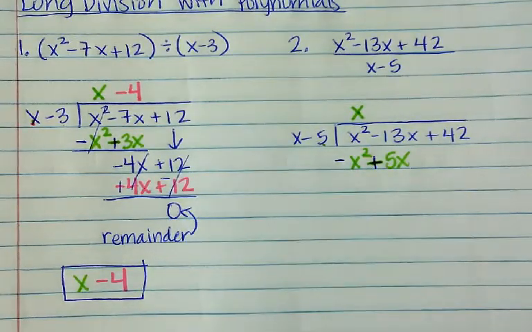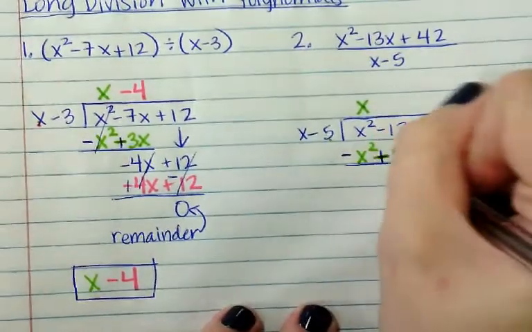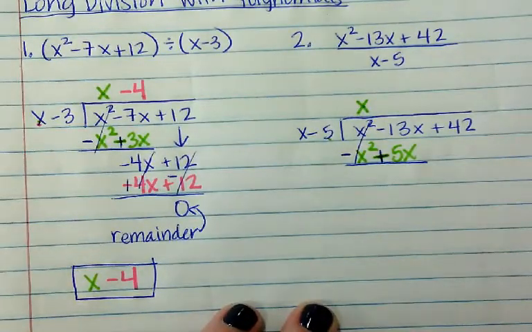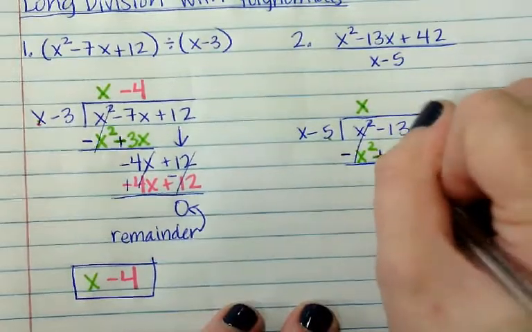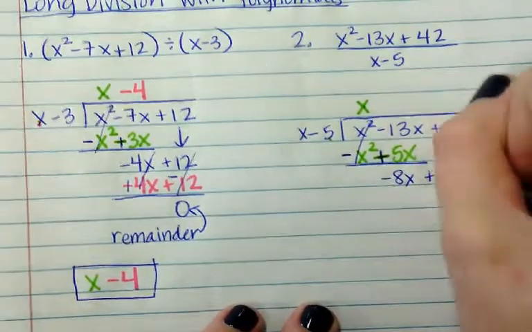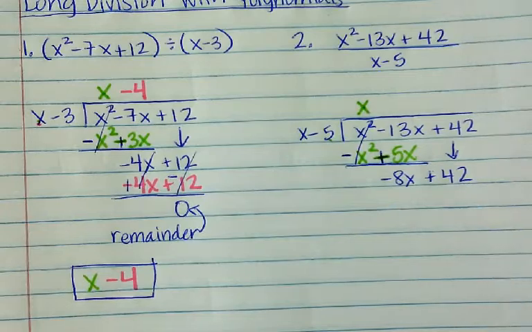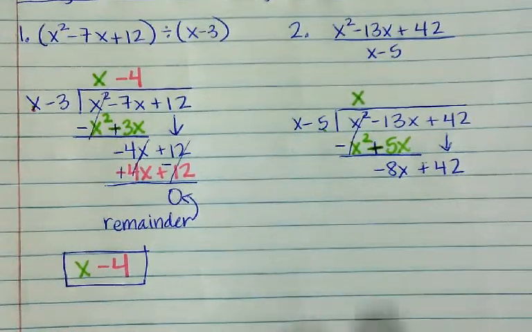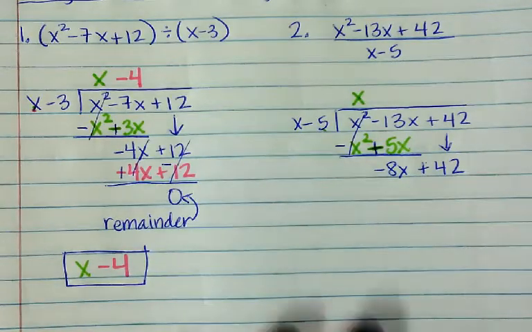Our x squareds cancel, and we have negative 8x, and then we're going to bring down our plus 42, okay? Just like we bring down our numbers with our regular long division, okay? So then we want to think to ourselves, what do I need to multiply this x by in order to get negative 8x? Because we want that first term to cancel.